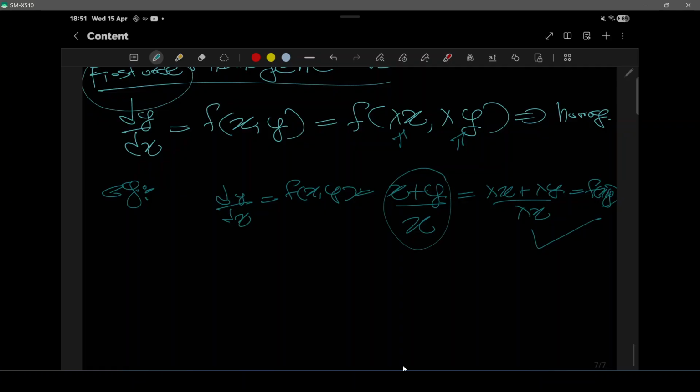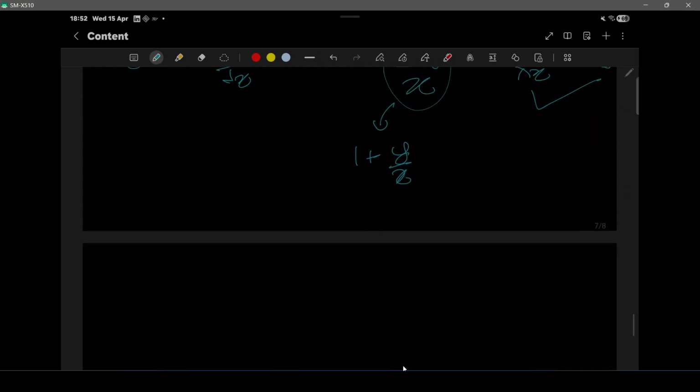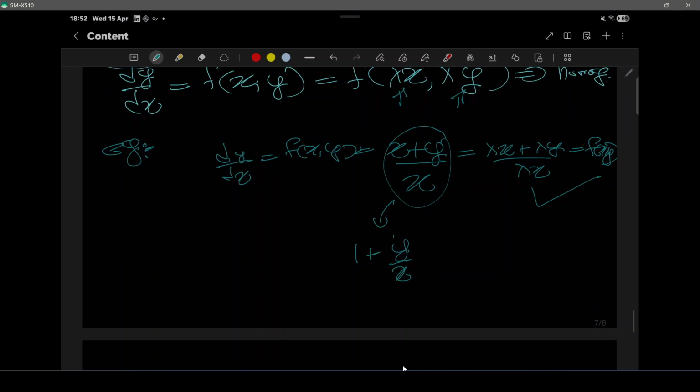If we further simplify this equation, we can get 1 plus y over x. If it is a homogeneous equation, however much you simplify it, you will get these y over x terms.